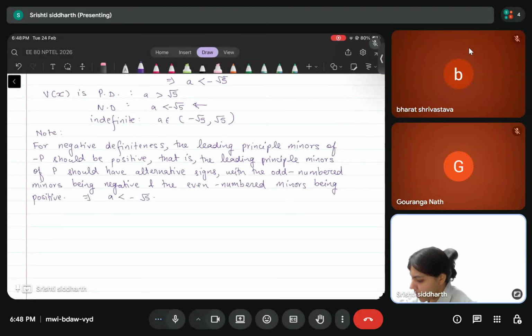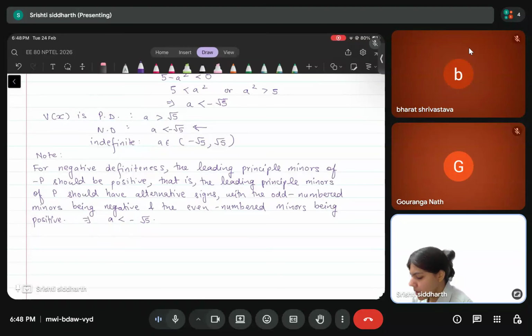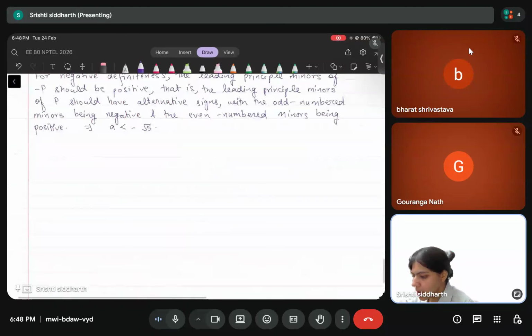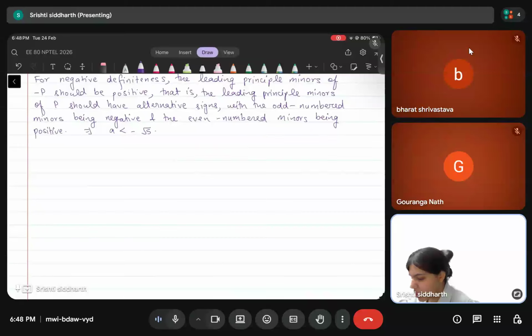Okay. Let's talk about stability and global asymptotic stability based on the Lyapunov function analysis. Let's say that we have a non-linear system, x dot equal to f(x), and x = 0 is an equilibrium.